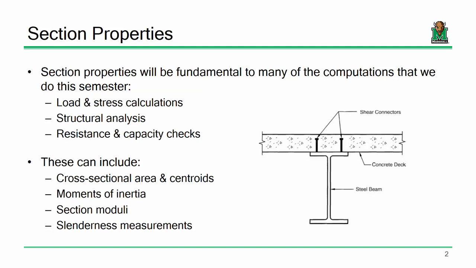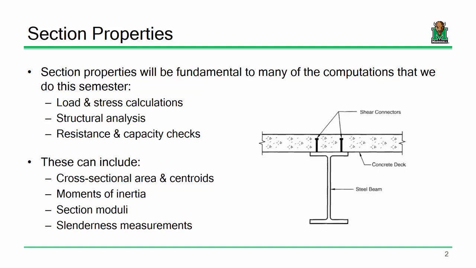Okay? Now, I say section properties. I want to make sure everybody knows what I'm talking about when I say section properties. I'm talking about if I take this bridge beam or what have you, and I use the secret weapon of structural engineering, which is a samurai sword or a lightsaber if you happen to be a sci-fi fan, and I cut a section right through that bridge, and I'm looking at this beam, looking at the deck, I'm talking about the properties associated with this section.